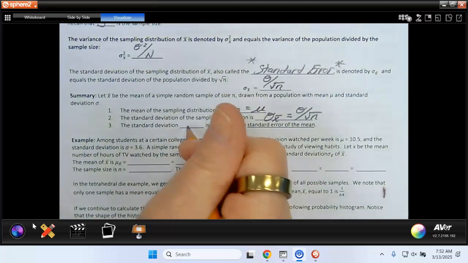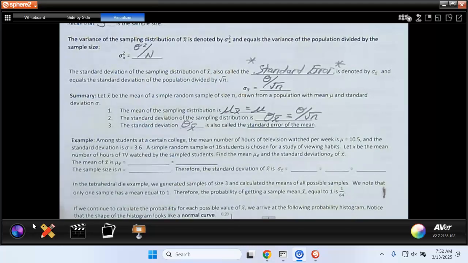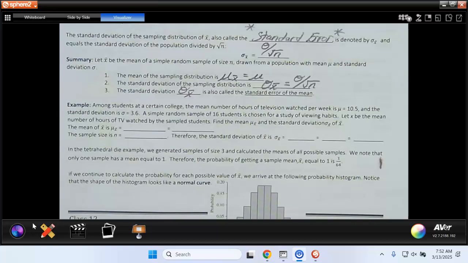And that is also called the standard error of the mean. Good stuff, right? You can call it the standard deviation of the sampling distribution if you want, but standard error is easier to say.